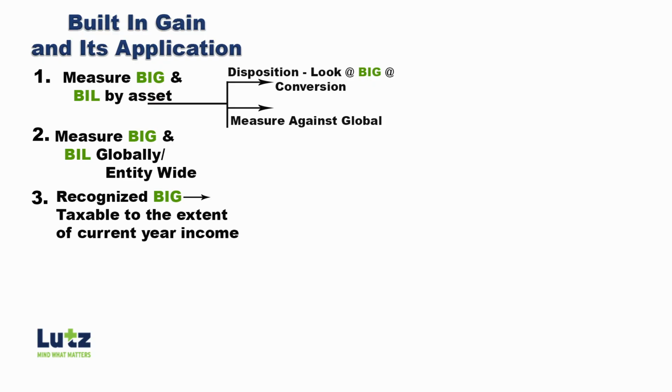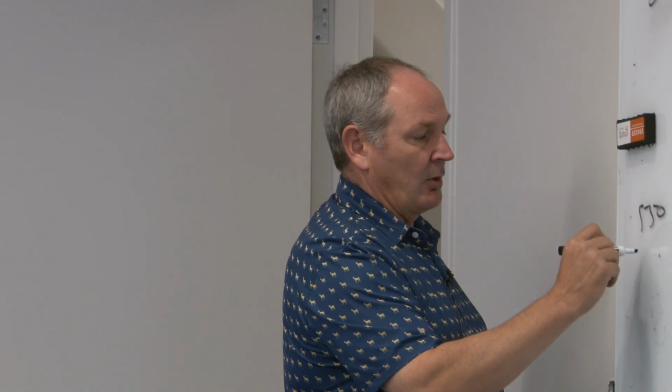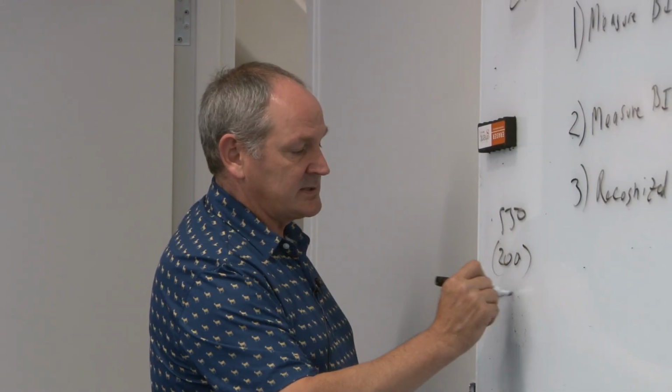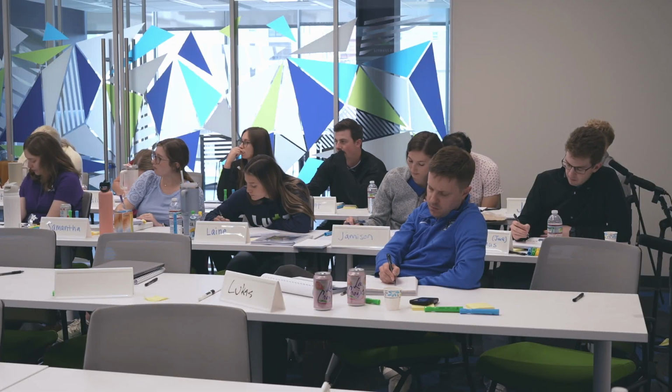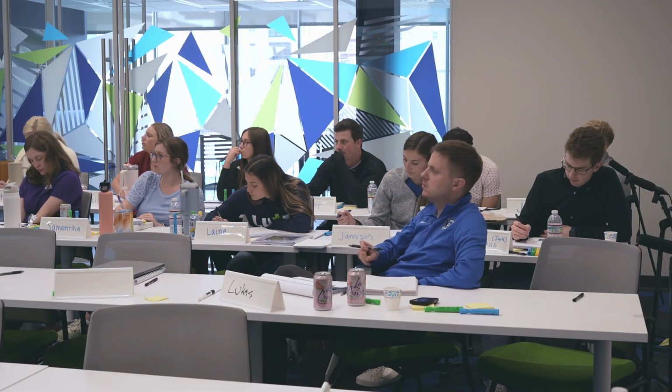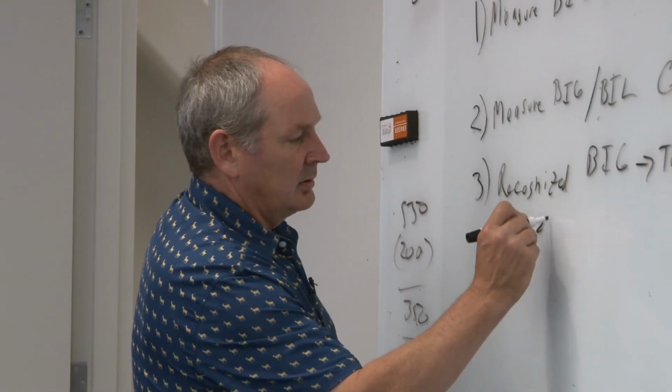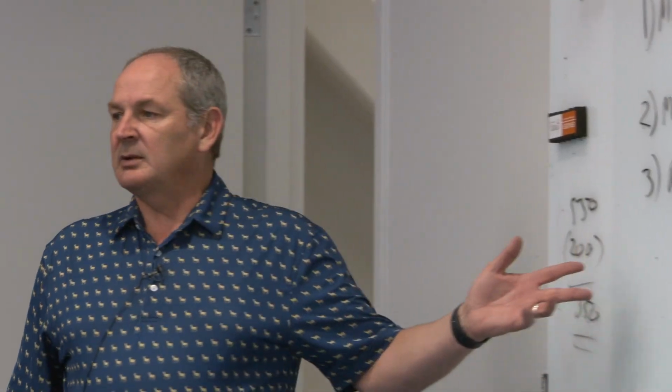So what that means is we said that we had 550 of global, we had 200 that we recognized, and it got us down to 350 remaining. Is that what we said? So now, under 3, we have 200 that we have to contend with because we have now recognized that.